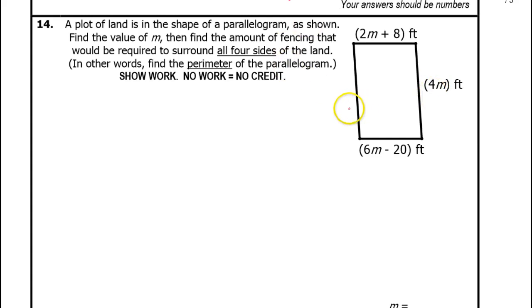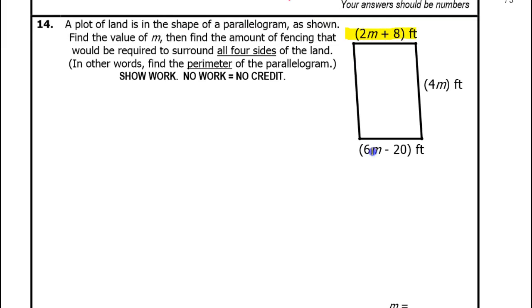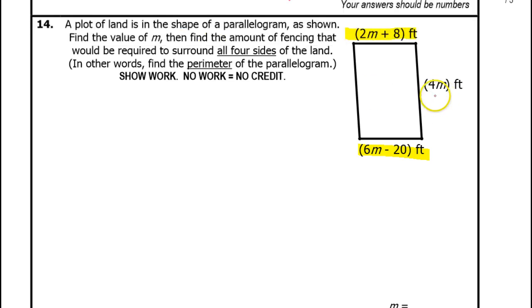Well, at first you don't do anything. At first you just recognize the fact that this side and this side should be equal to each other because they're opposite sides of a parallelogram. So at first I'm not going to do anything with the third side. So I'm just going to do 6m minus 20 equals 2m plus 8.